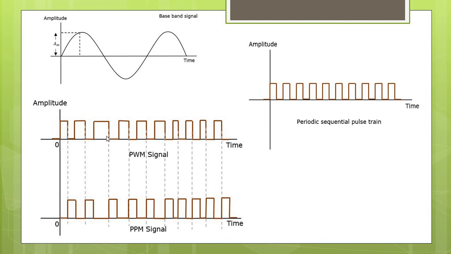And the disadvantage in PWM is removed in this pulse position modulation. You can see the width of the pulses is constant. Amplitude is also constant. Only the position of the pulses is varying. So this is the PPM.